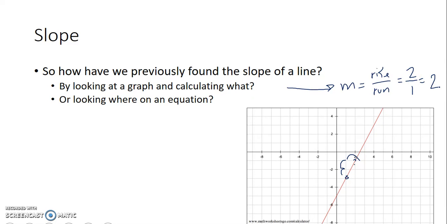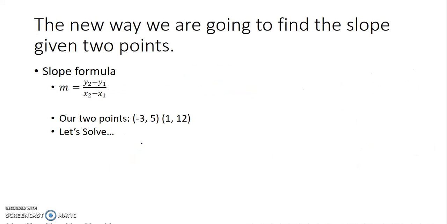Good job. If we were looking at the equation of a line, though, we would find the slope by, say, if we had 3x minus 2 again. Pretty simple. The way you found it earlier, just look at where the m would be, and that is our slope.